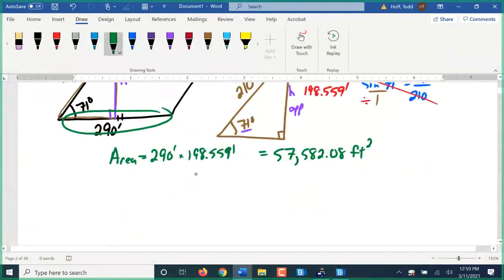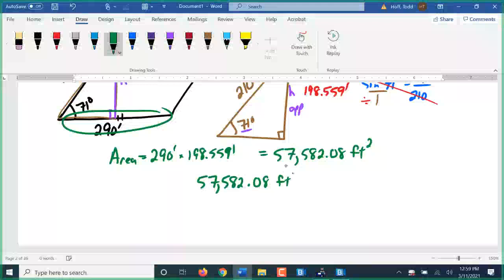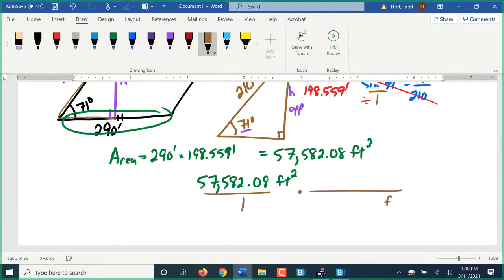Well, take a look. Depending on the city, in some of your smaller cities, the average city lot is between 1/2 and 3/4 of an acre. In some of your larger cities, a city lot is like 1/4 of an acre. Here, I'm going to put that over 1. Convert this into acres.